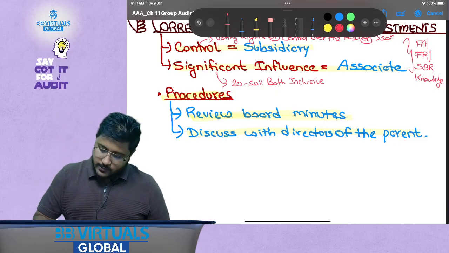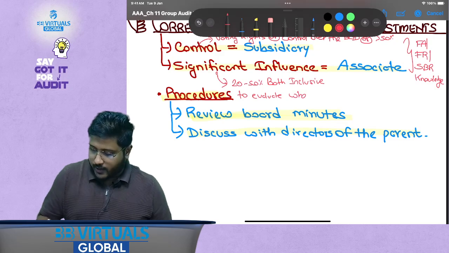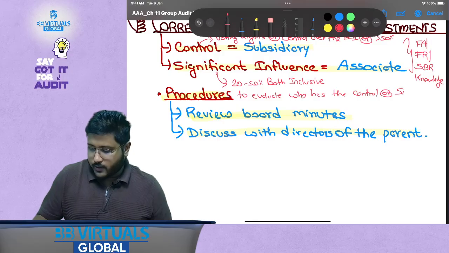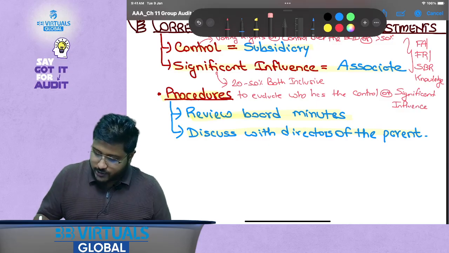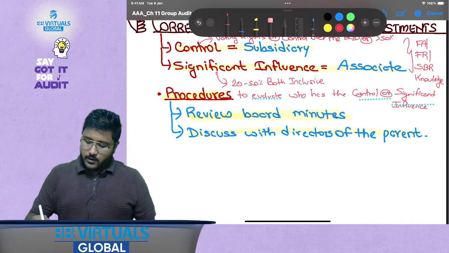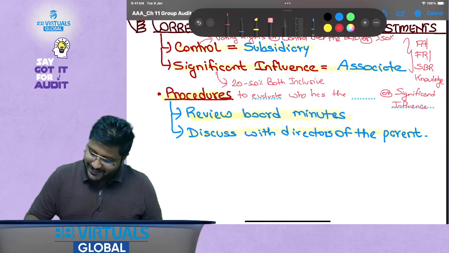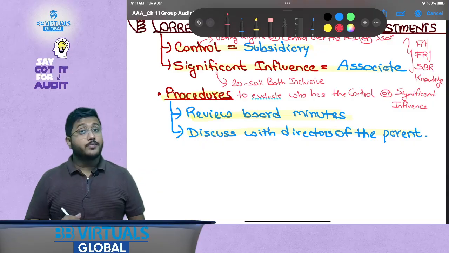Okay, so procedures to evaluate who has the control or significant influence. I hope this is clear.